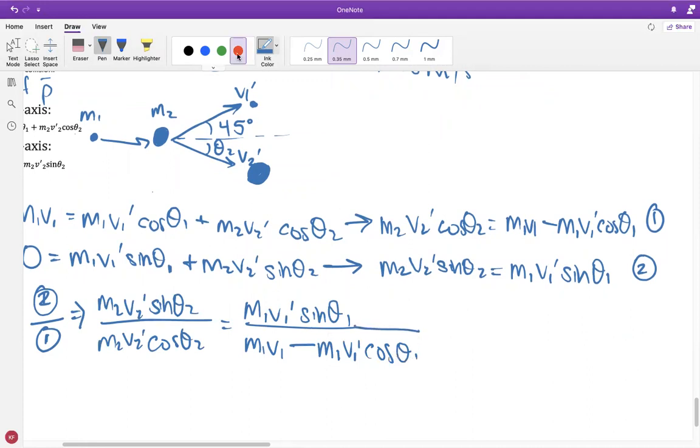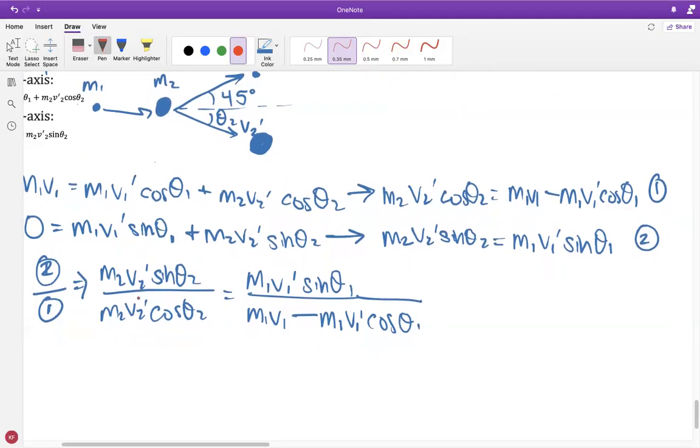As you can see here, my masses will cancel, my velocities will cancel, and now I'm just left with one variable, and that is theta 2. Remember that sine over cosine is tangent.